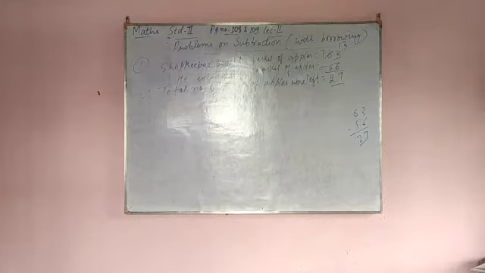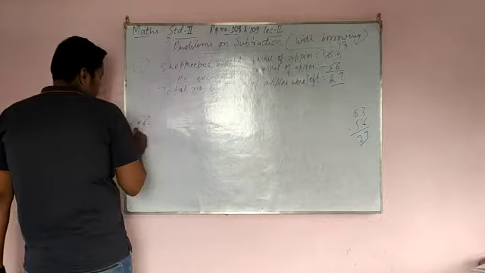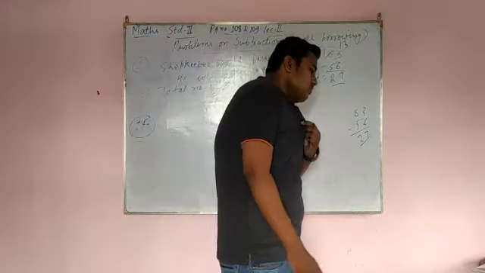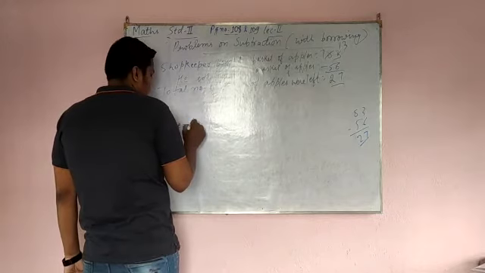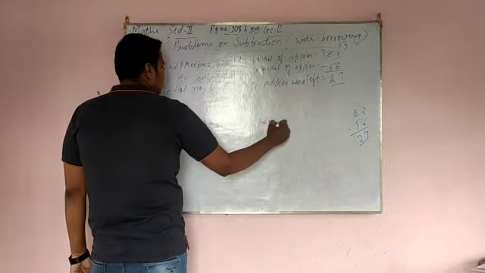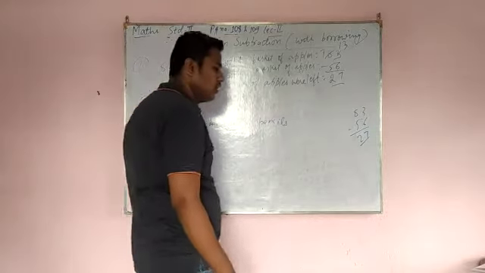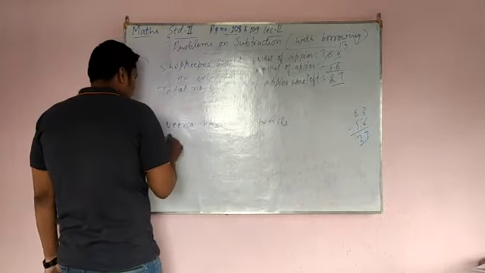One question I am going to explain from page number 109. You can see page number 109, question number 14. Beena has 43 pencils. Okay, Beena has how many pencils? 43. Now 15 pencils are used.